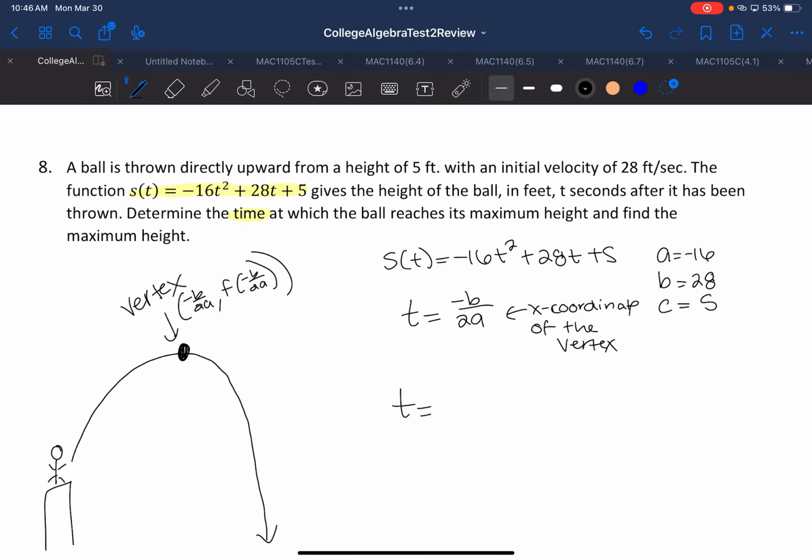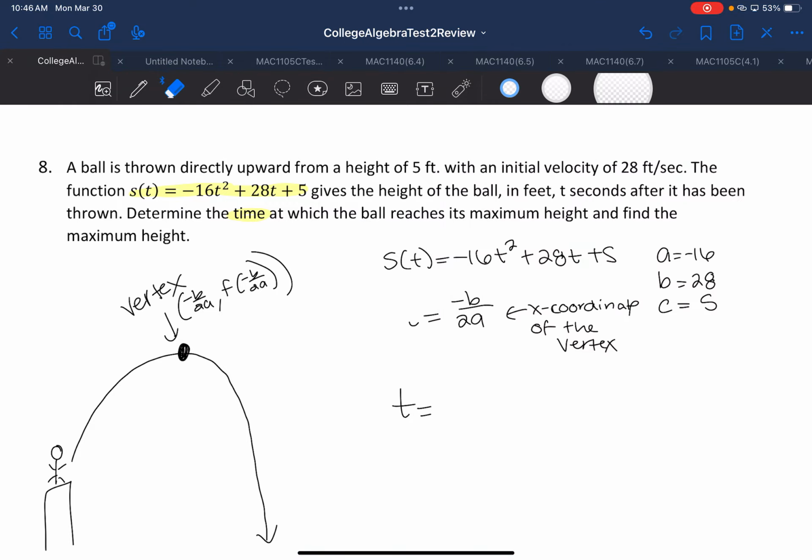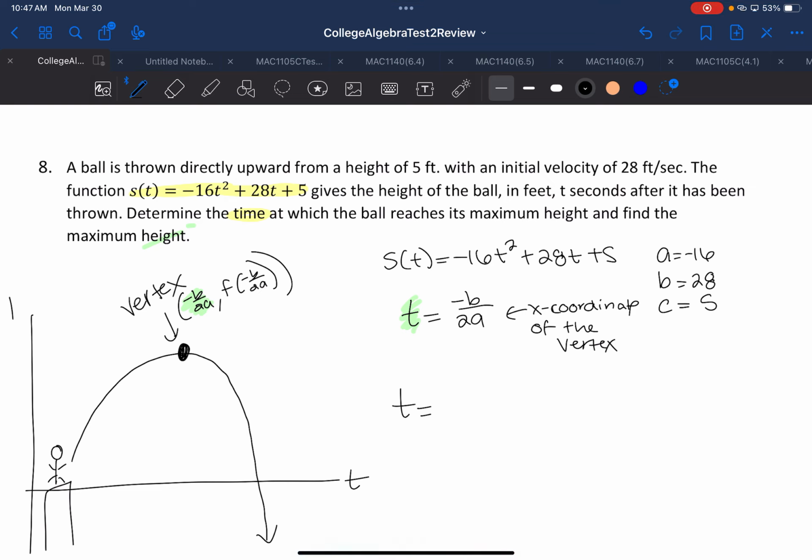So I could find the time where it reaches the maximum height. So you want to think of your x-axis as the time here, your y-axis as the height of the ball, or s of t.